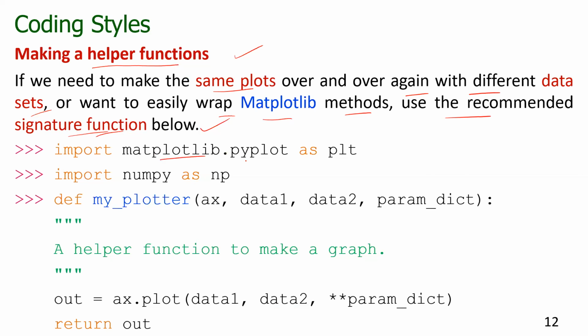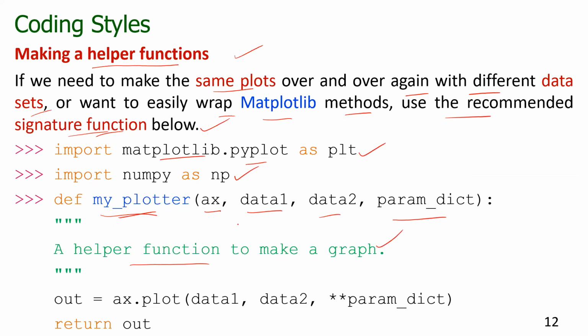So import matplotlib.pyplot as plt, then import numpy as np. Here define your own function. Let us assume my_plotter is the function def. Here we are taking ax, data1, data2, and a parameter dictionary. This is a helper function to make a graph.